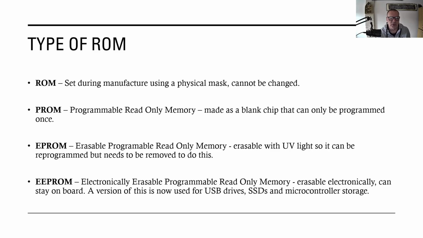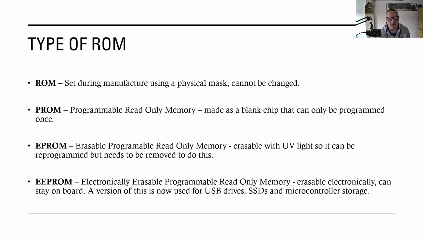EEPROM, electronically erasable programmable read-only memory. This can be erased, but not with UV. It's erased electronically. So you just use a bit more power and you can reset the contents of the chip. That can be done on the board.